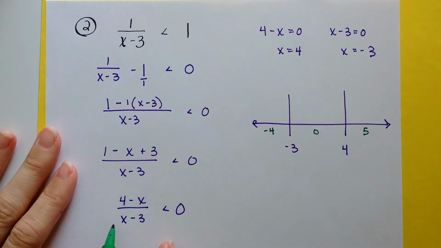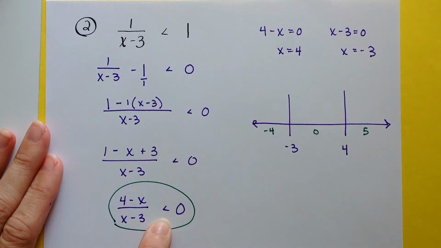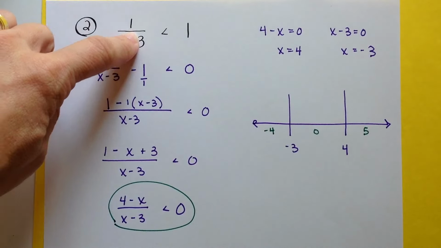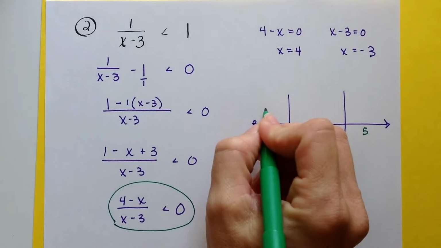What you need to do here is go back to this step where you have it in the form it needs to be in. So do your testing for this particular problem at this step and not back here at the original.